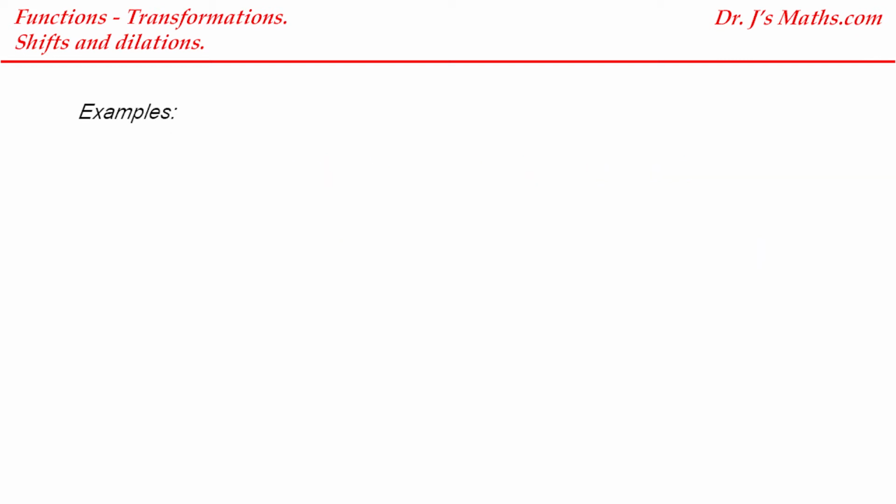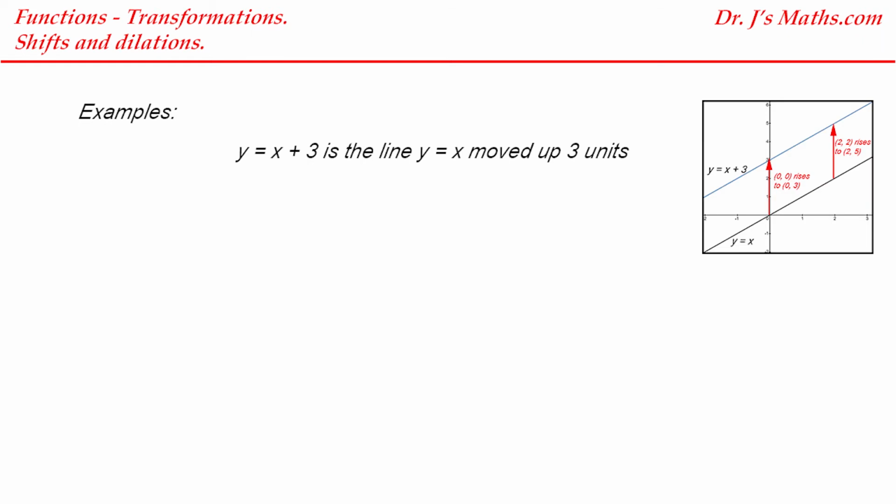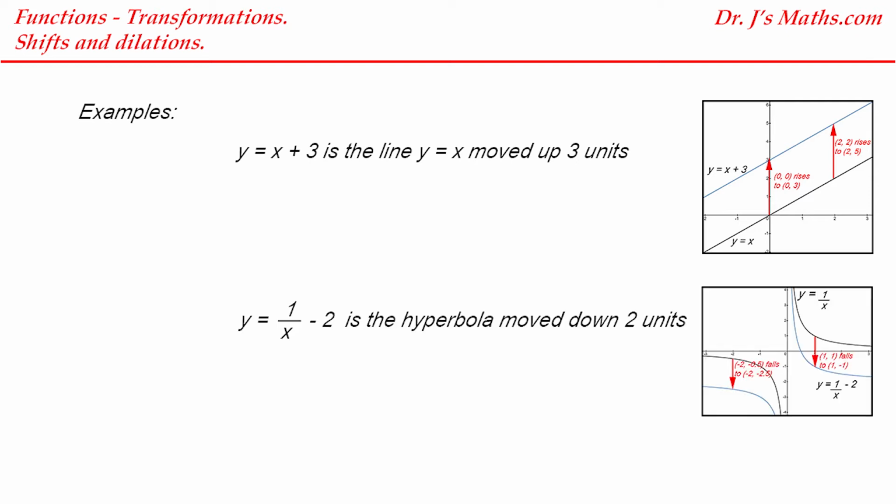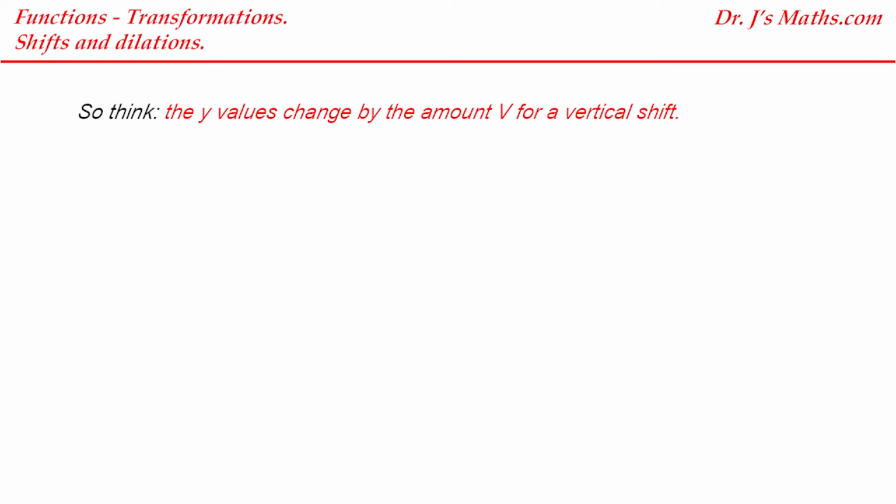By way of example, y equals x plus 3 is really the line y equals x moved up 3 units. If we have y equals 1 over x minus 2, then that's the hyperbola y equals 1 over x moved down 2 units. So think, the y values change by the amount v for a vertical shift.